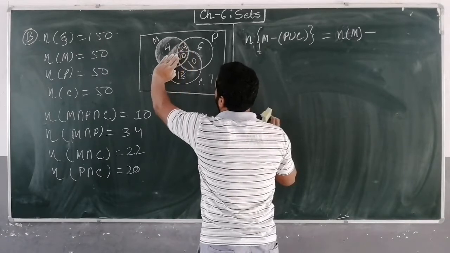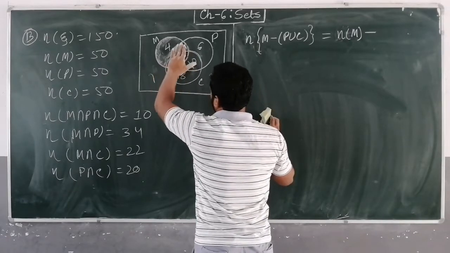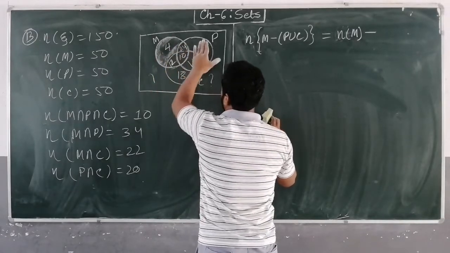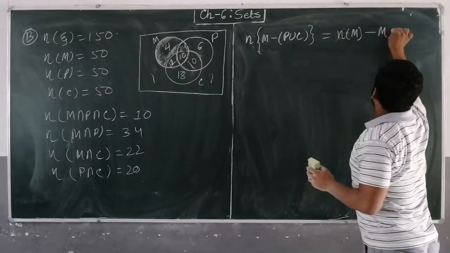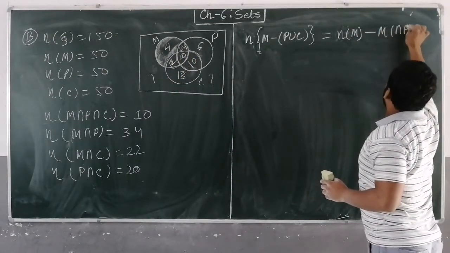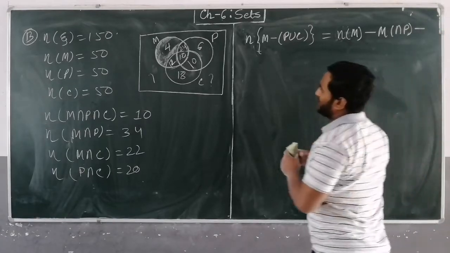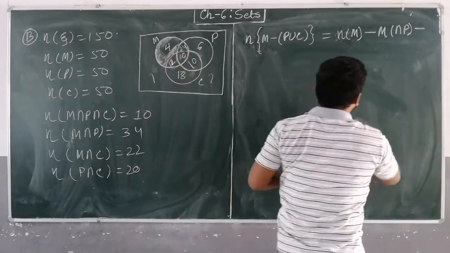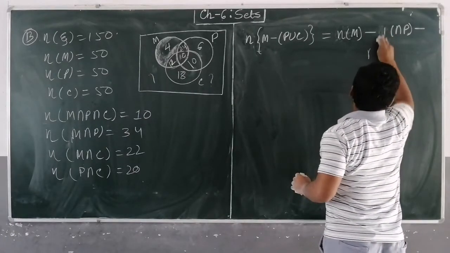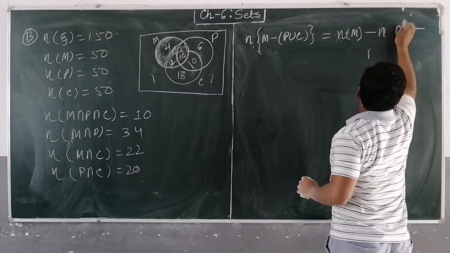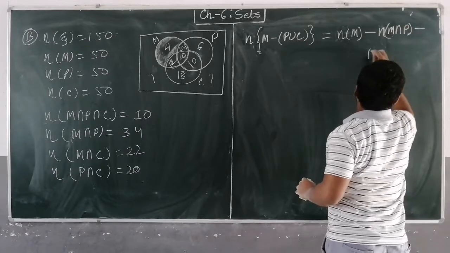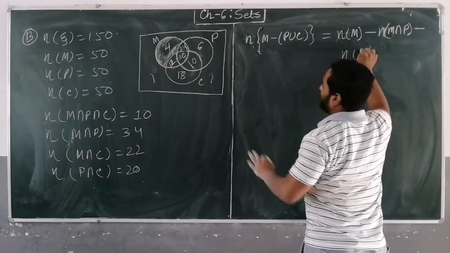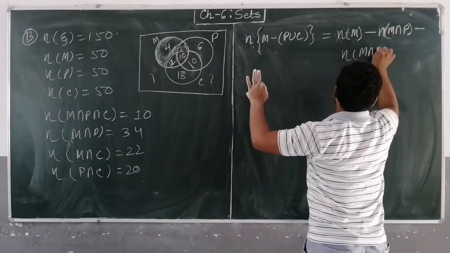This part and this part. This part means M intersection P, that you have to subtract, minus this part, that is M intersection C, that part you have to subtract. So n of M intersection P minus n of M intersection C.